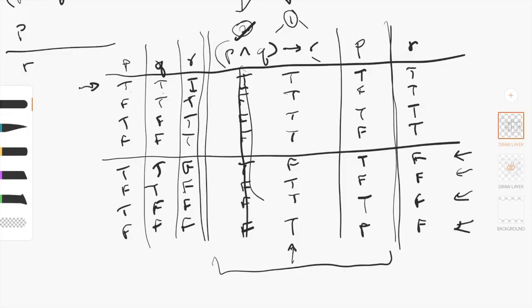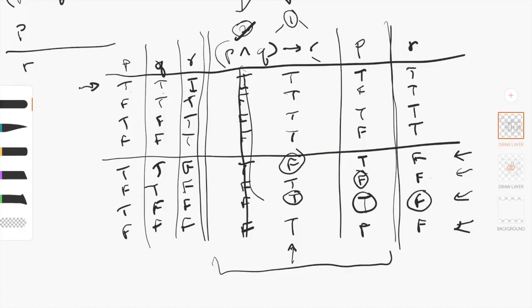So now when we look at these rows, we discover, see, in the 5th row, one of the premises is false, so that's not a problem. In the 6th row, one of the premises is false. But now look at the 7th row. In the 7th row, we have both premises true, and the conclusion is false. That directly violates the definition of validity.